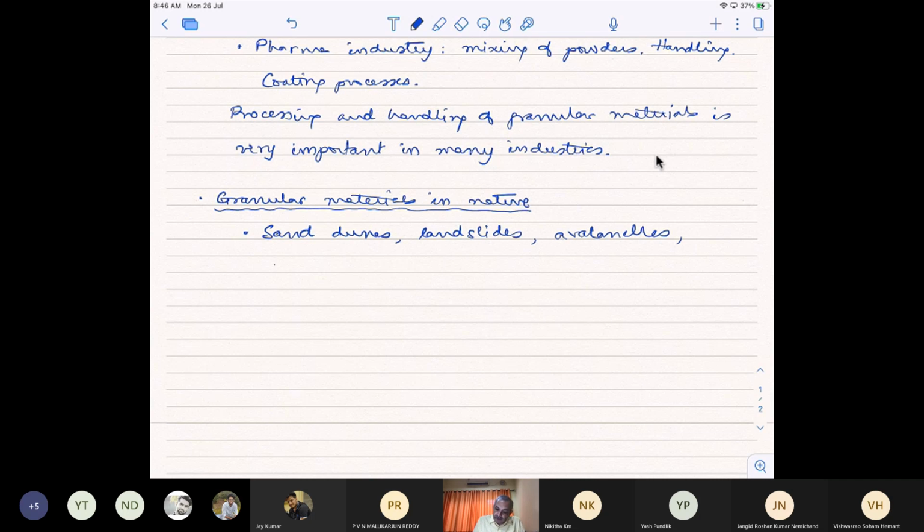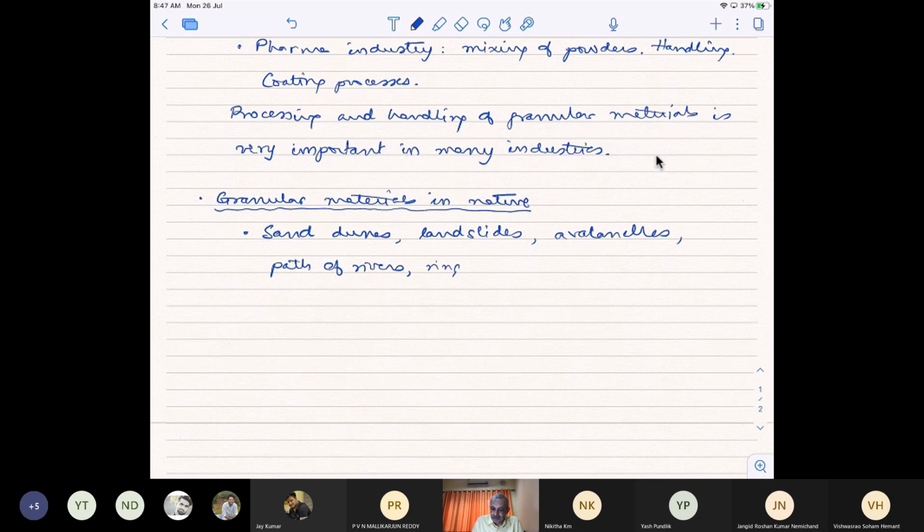Then what about the path that is taken by rivers? Because usually what happens is that as the river flows, it carves out a channel, but that channel never remains straight, it always meanders. So that is again a granular flow problem.